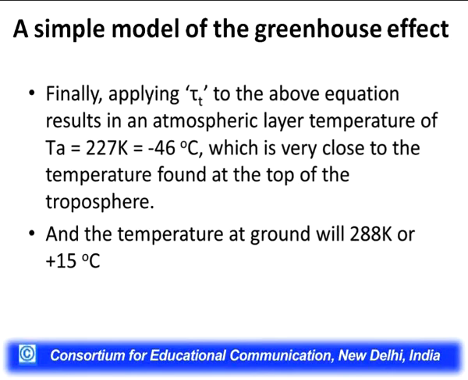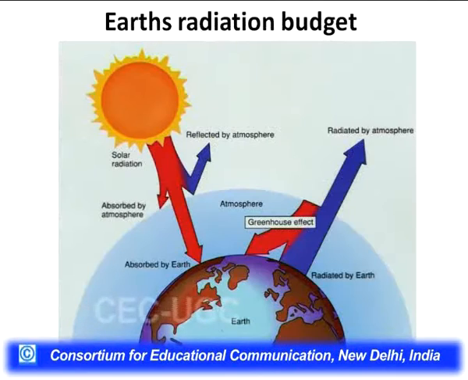If we further solve this, we find a temperature at the Earth's surface of 288 degrees Kelvin or 15 degrees centigrade, and this is the normal Earth's surface temperature.